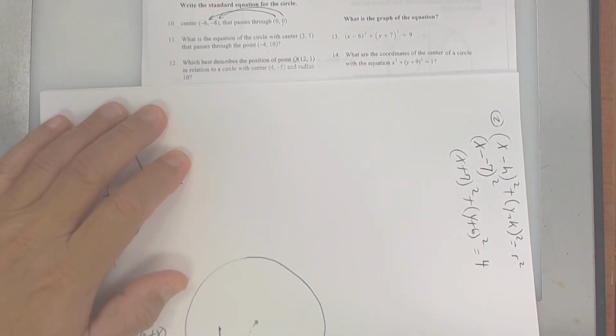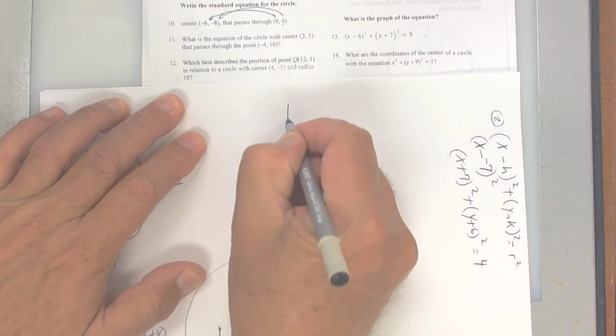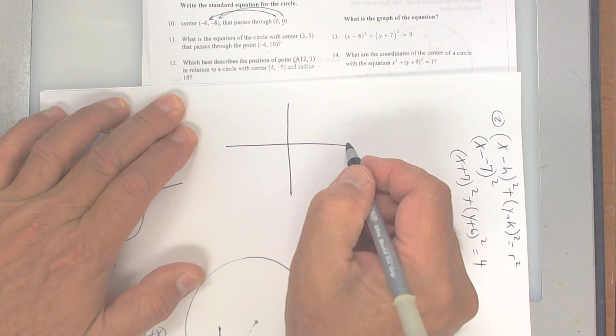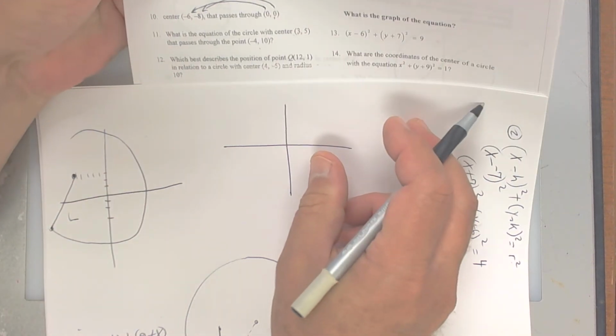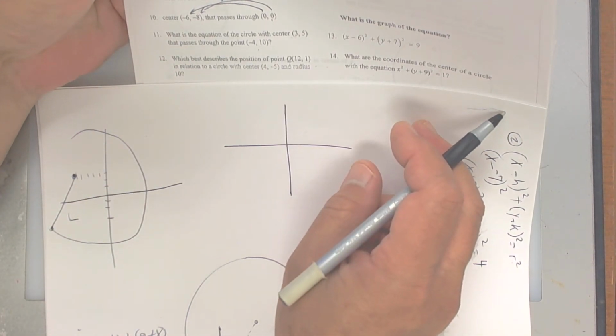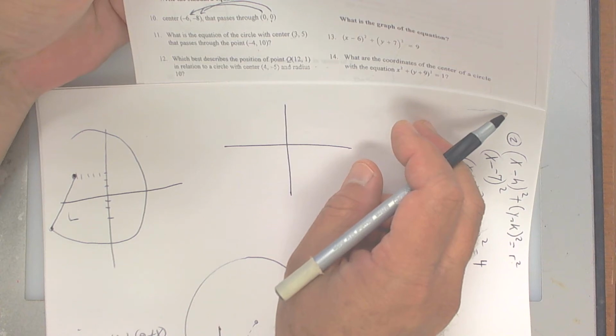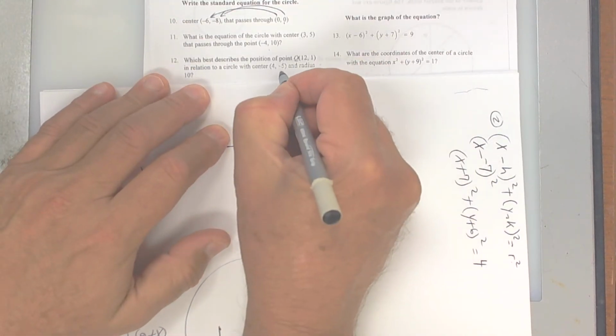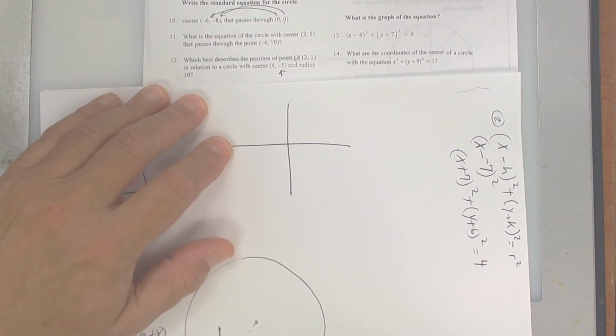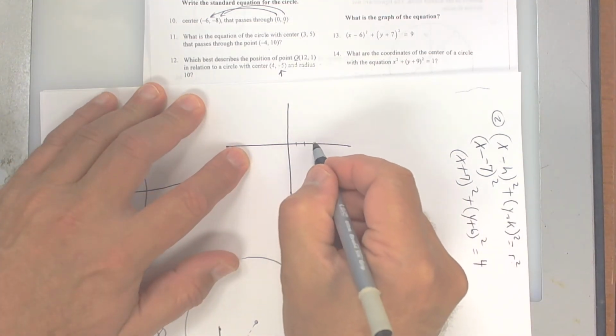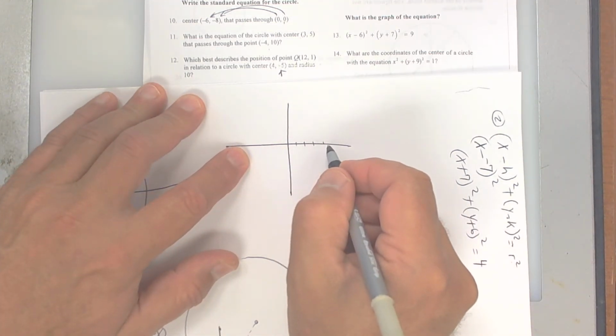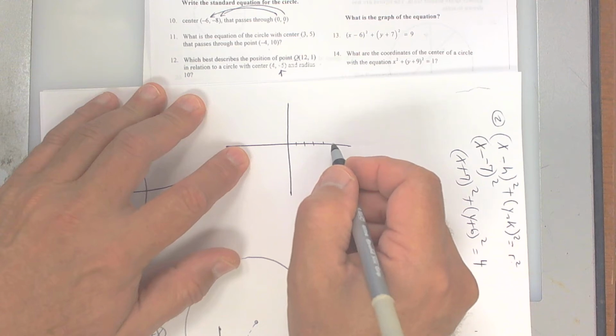All right, which best describes the position of point Q in relationship to the circle with a radius of 10? Let's take a look at it. Over 4, down 5, I guess that is. I'm not real sure, that's not real clear. I guess it's a negative, but I'm not positive.